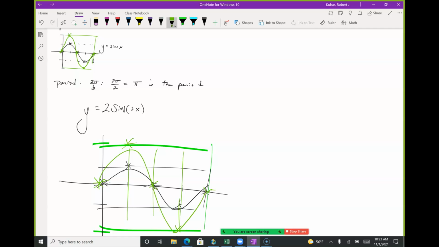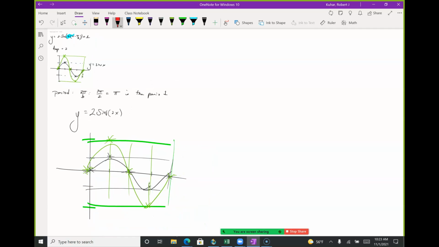There's my amplitude modulation. And now my frequency modulation. I'm changing the period to pi. So I'm going to end at pi. And I still need quarter steps. I have to figure those out still. But there are my quarter steps. So here to here to here to here to here. There's y equals 2 sine 2x. I've changed my period. I still split it into quarter steps.